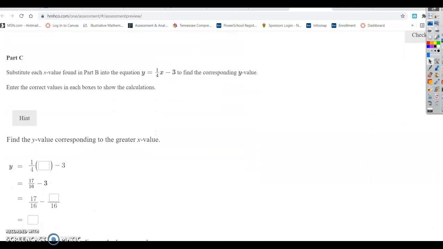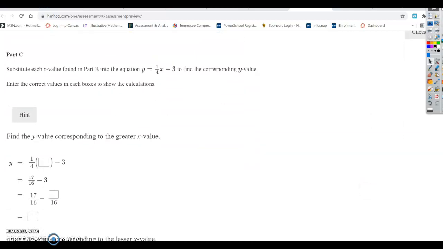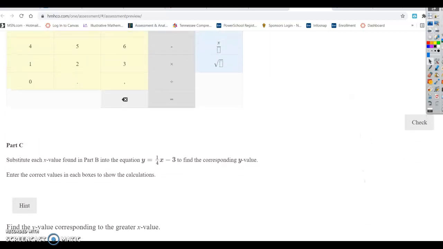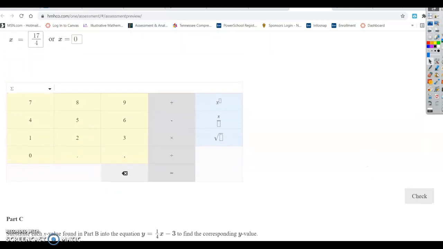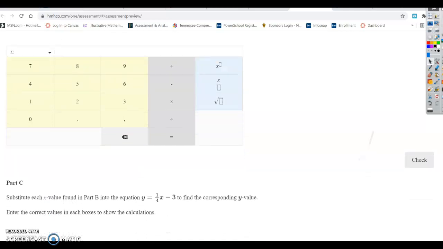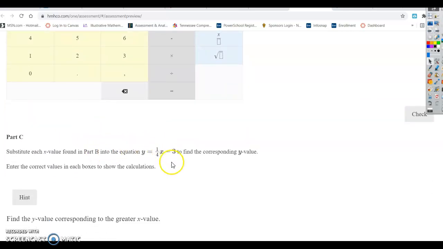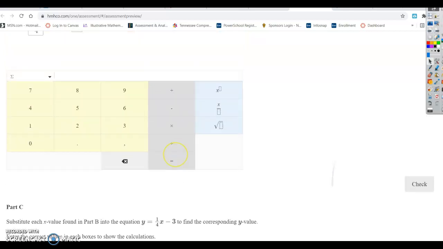All right, let's go ahead and look at part C. Substitute each x value found in part B in the equation to find the corresponding y value. Let's substitute 0 in first, because that makes it very easy. If you plug in 0, 0 times anything is 0, minus 3 is negative 3.